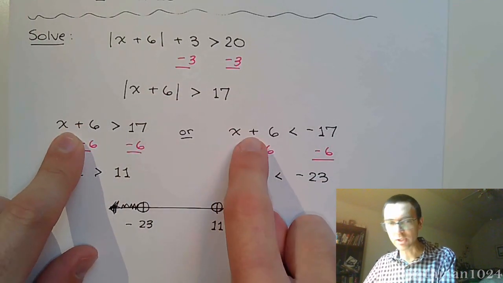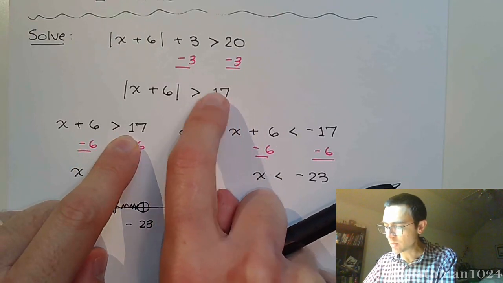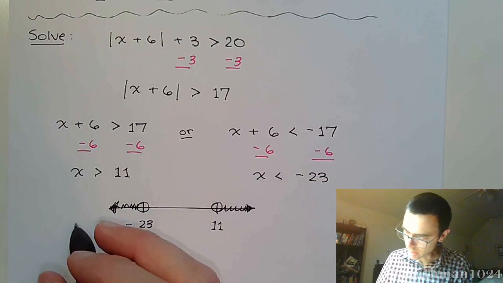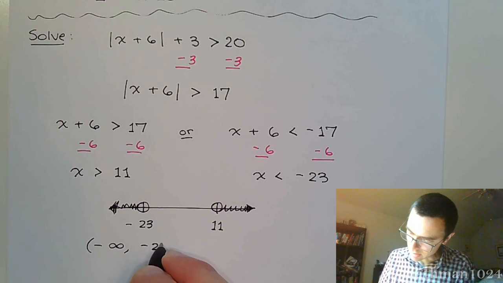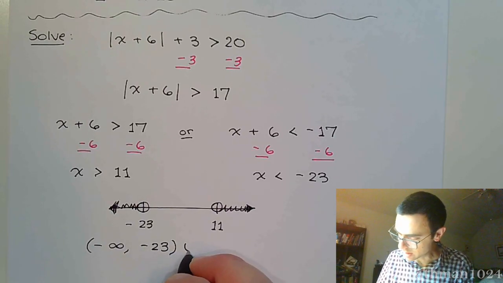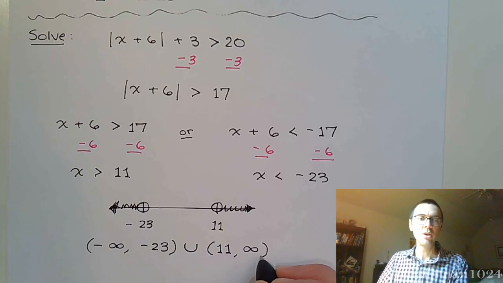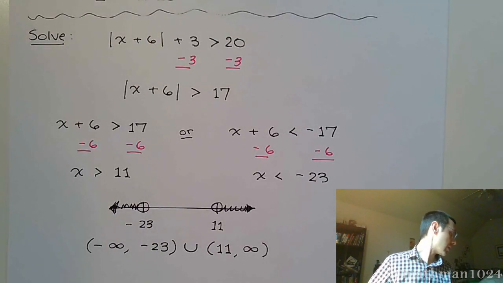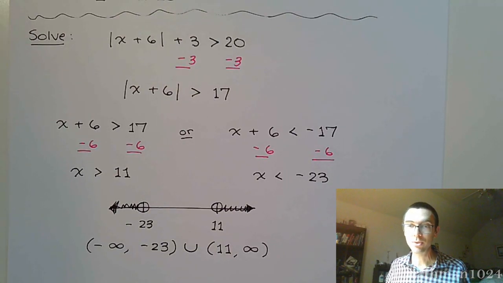I kept this one exactly the same, x plus 6 greater than 17. On the flip side it becomes less than its opposite, negative 17. So the interval notation is from negative infinity to negative 23, union 11 to infinity.